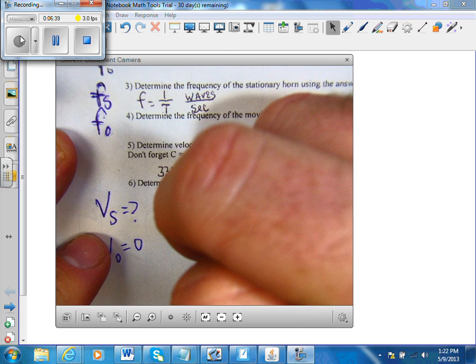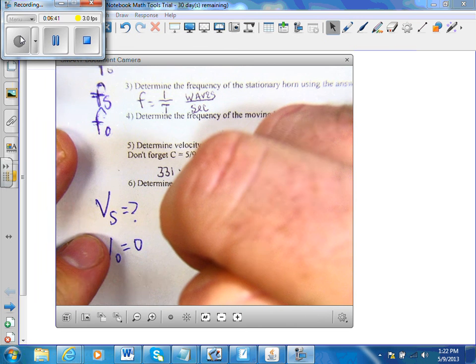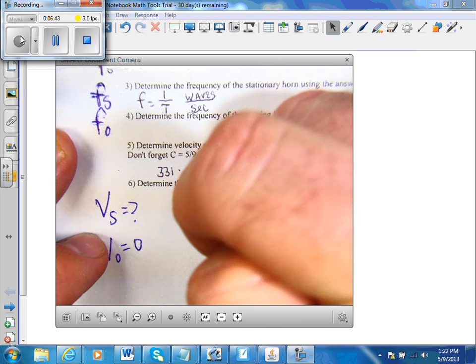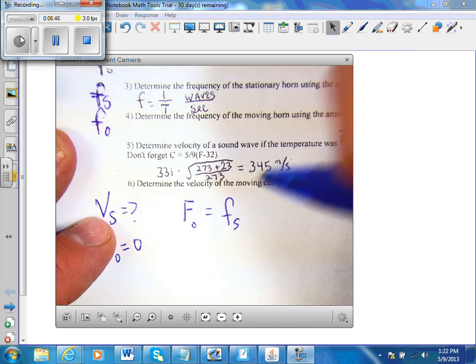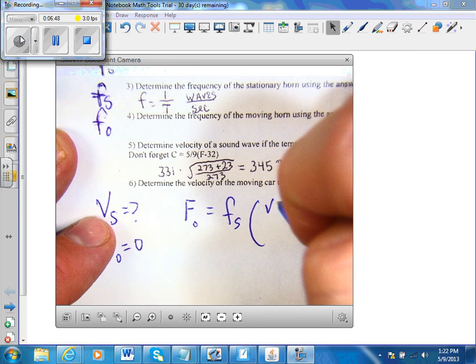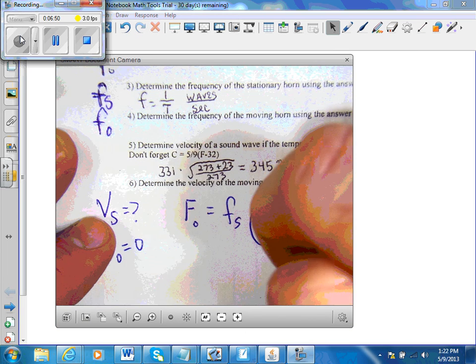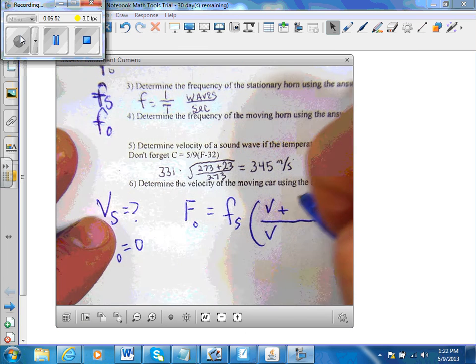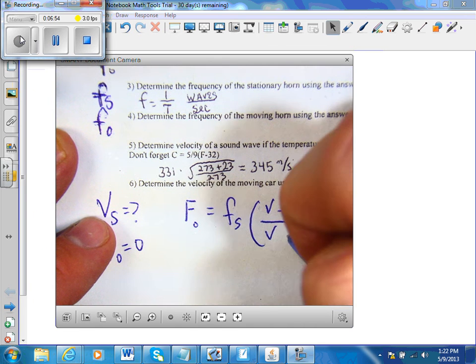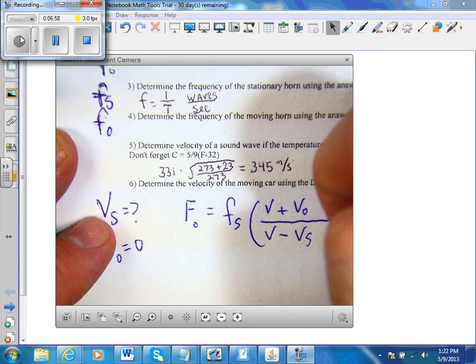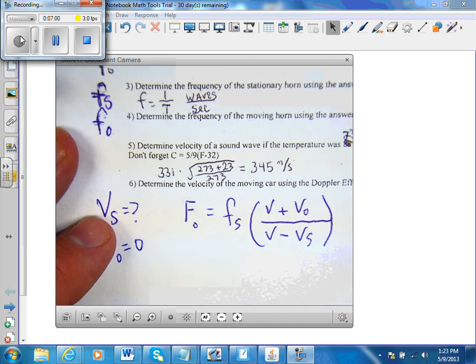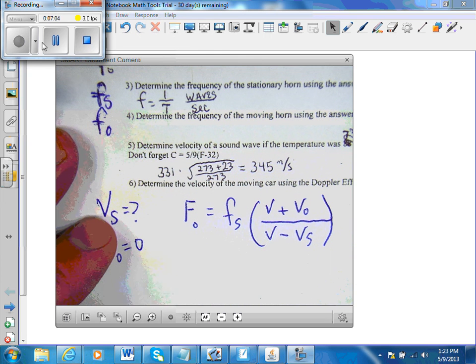Don't forget the formula you're going to use: the frequency of the observer equals the frequency of the source times the speed of sound plus the velocity of the observer on top, over the speed of sound minus the velocity of the source on the bottom. Remember, they're coming towards you, so that's the formula to use. Make sure you get that done by Tuesday as well. Thank you.